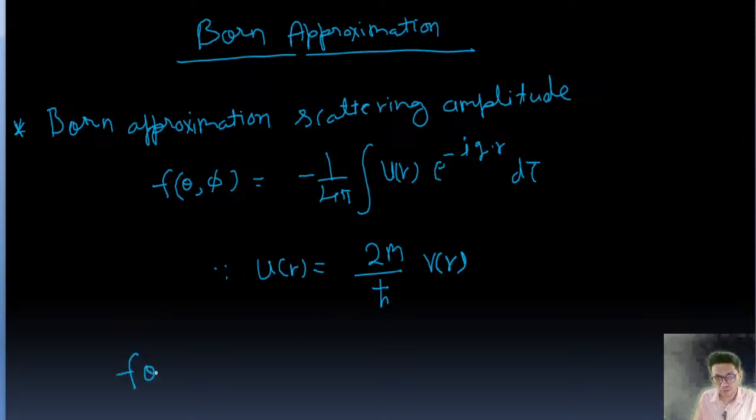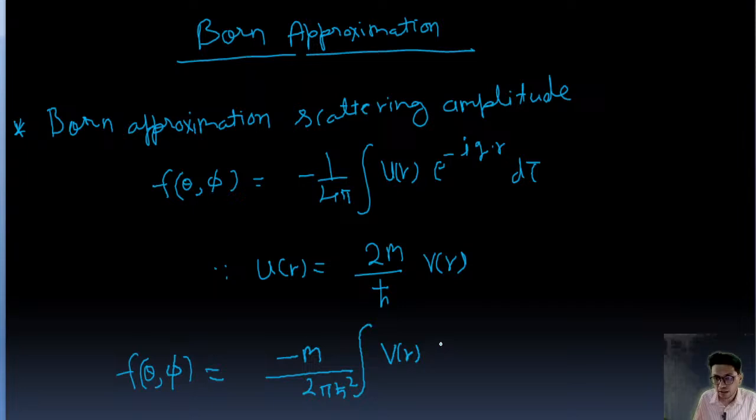So the scattering amplitude f, which is a function of theta and phi, is equal to minus m upon 2 pi h cut square, since 2 will cancel 4 by 2 times, integration V(r), which is a function of r, e to the power minus iota q dot r d tau.